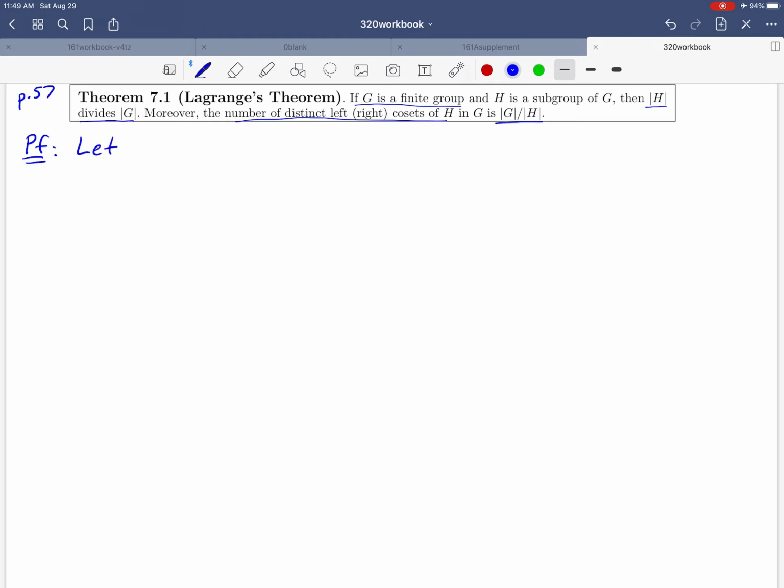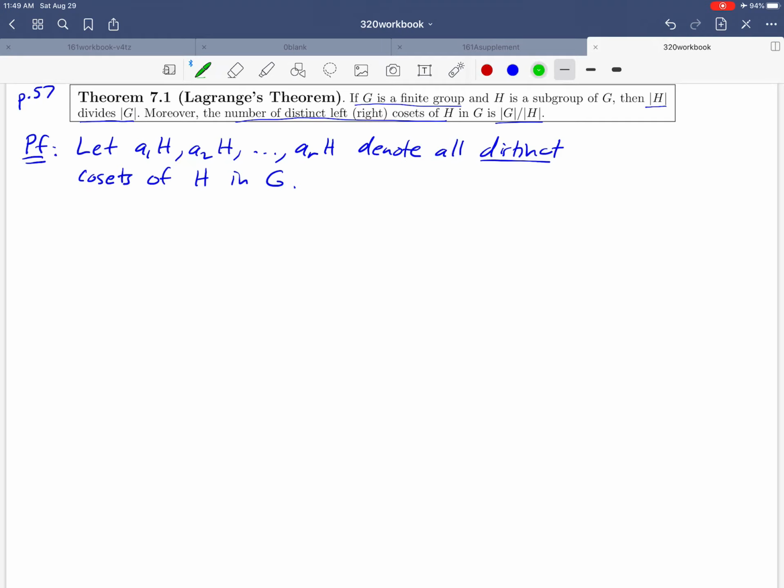So we'll make a list of all of the cosets that we could get of H in G: A1H, A2H, up to ARH, denote all distinct cosets of H in G. I'm going to underline the word distinct. We're just assuming that we've made a list and all of those cosets are distinct.